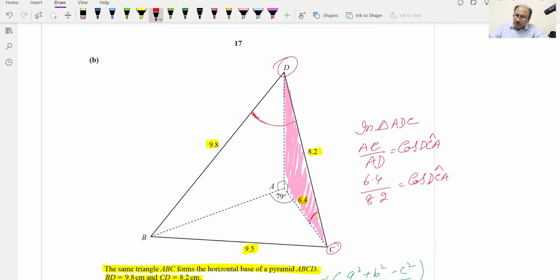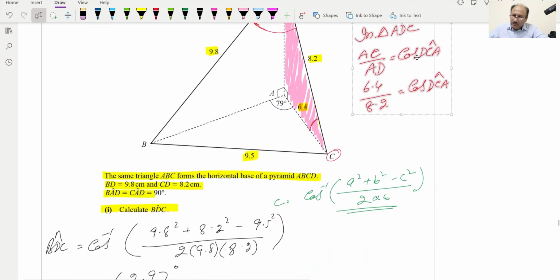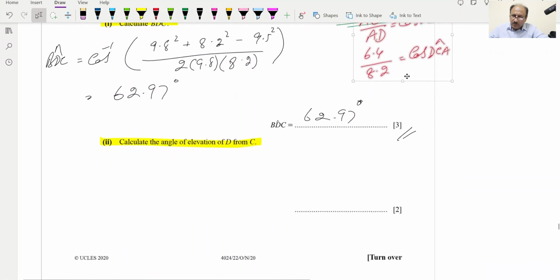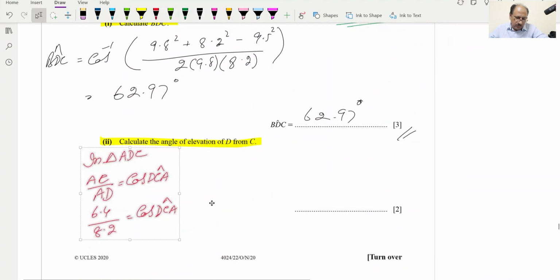This portion we can shift to the proper location closer to the drawing, and now we can simplify.